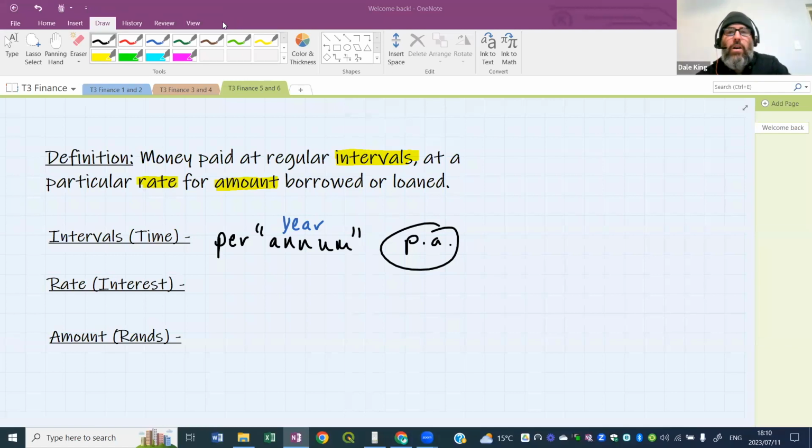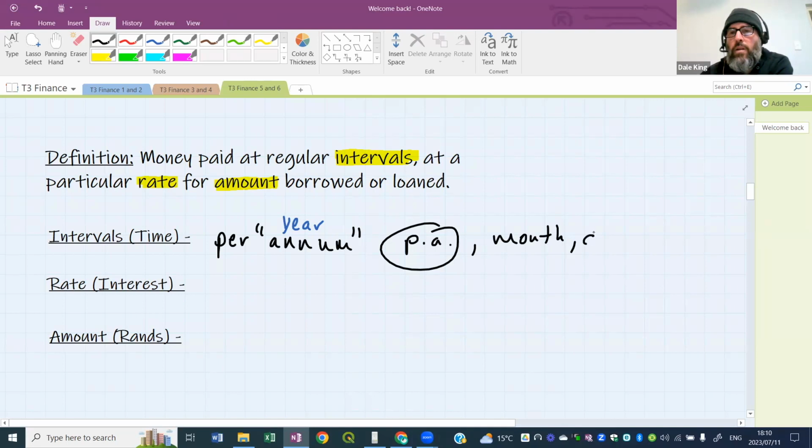All right. There are other time intervals. You can use months, weeks, and days. So instead of per annum, I'm going to mention months. Interest can be applied every month. Weeks is not very common. And I'm going to include days here as well. Now, the monthly interest calculation is often used because you get bank statements every month. So sometimes they will do the interest calculation for you every month, because statements are often given every month.